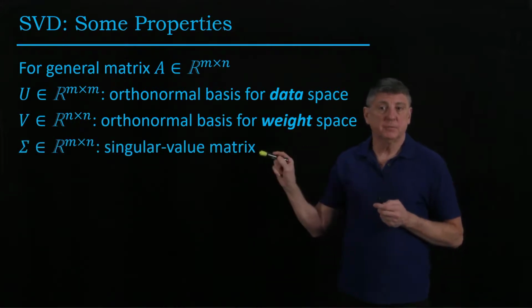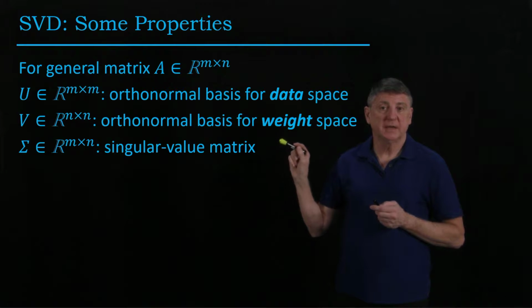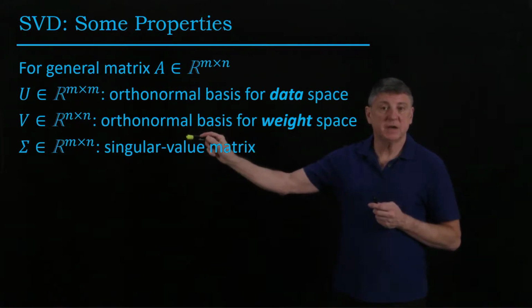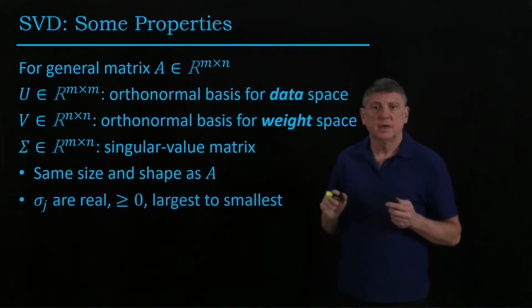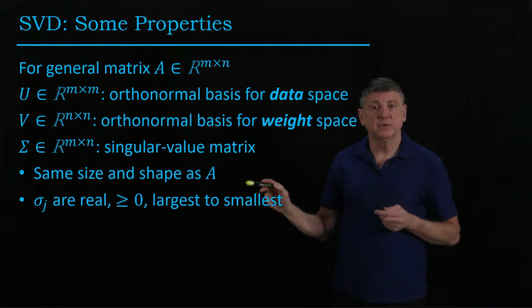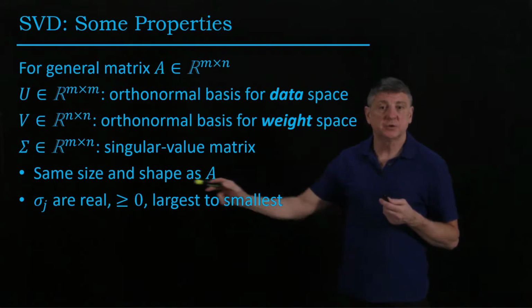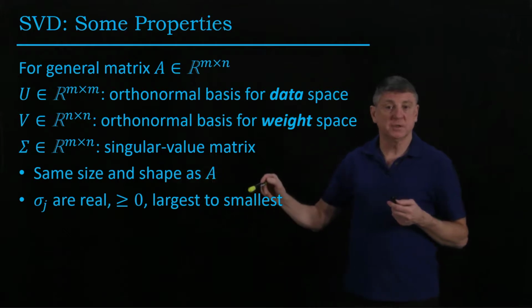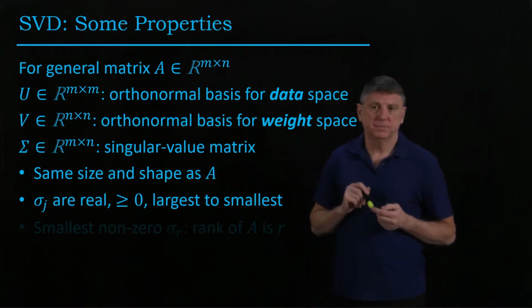The singular value matrix always has real numbers, and it has the same size, that is the same number of rows and columns, as the original matrix had. So the singular values are always real, and the computations are guaranteed to sort them from largest to smallest, and they're always non-negative numbers.